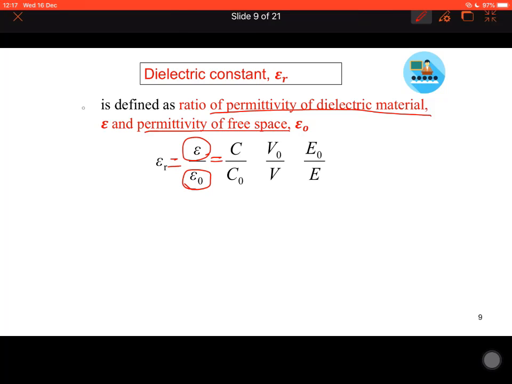Epsilon R is directly proportional to the capacitance, and therefore we can equate it to C over C naught, equals V naught over V, and also equals E naught over E.